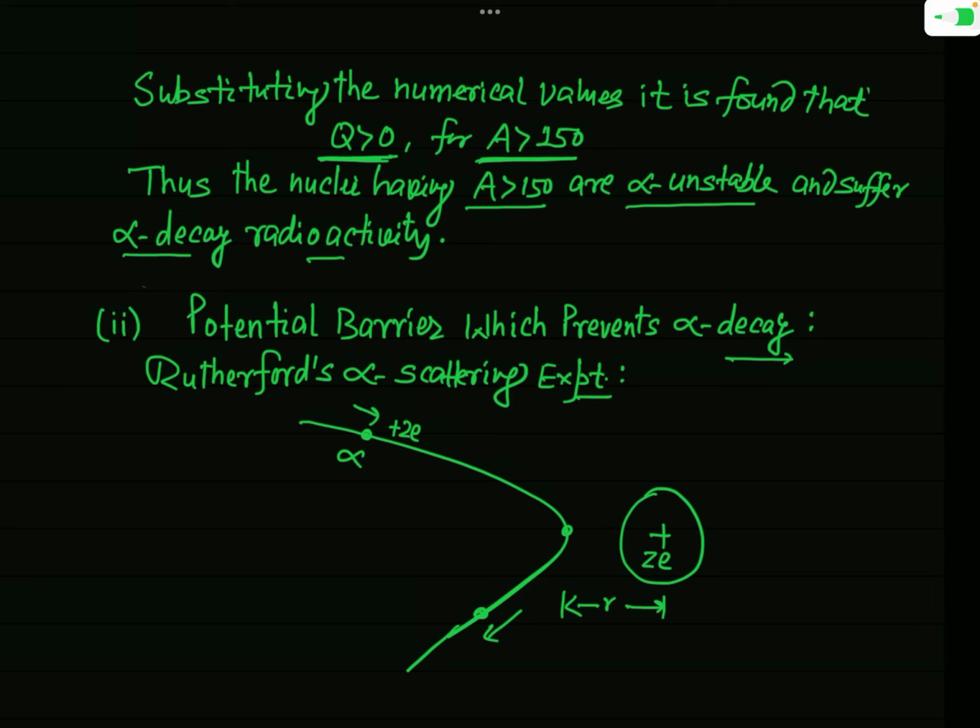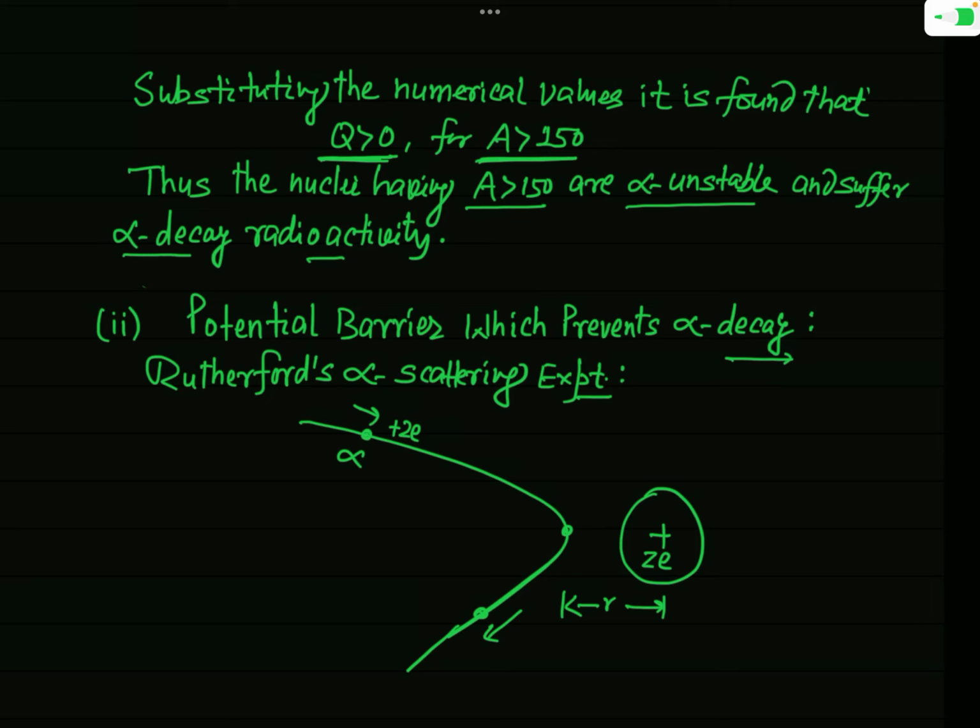Definitely you have studied this experiment done by Rutherford and his students Geiger and Marsden. And you know, in this alpha scattering experiment, from a radioactive source, the energetically emitted alpha particles are incident on a heavy nucleus.